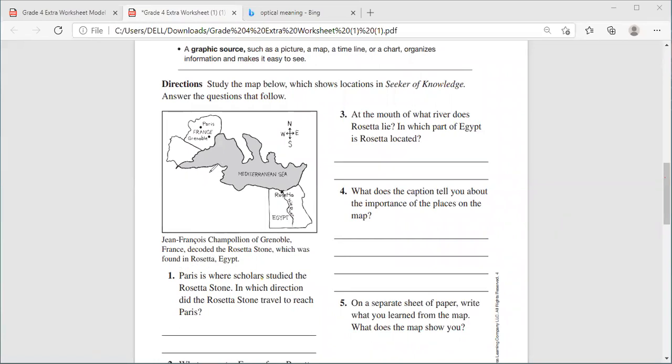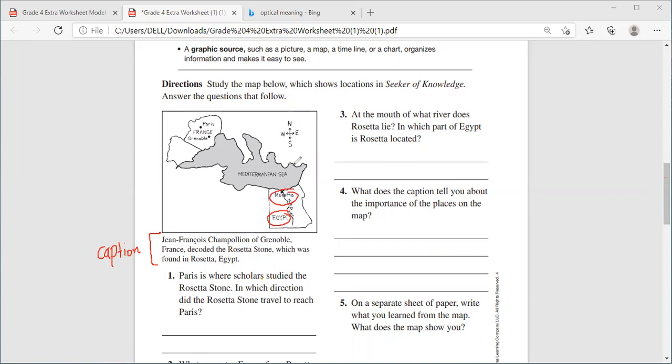Now, you need to pay attention first to understand what we call this. This is called a caption. If you're asked about a caption and what it tells you, you need to immediately pay attention to this. Just read it three times and then you'll be able to figure out the answer. In the meantime, you can see this is Egypt over here. This is where the stone was found.